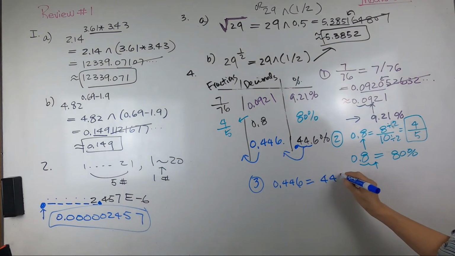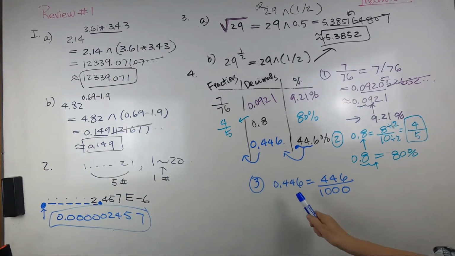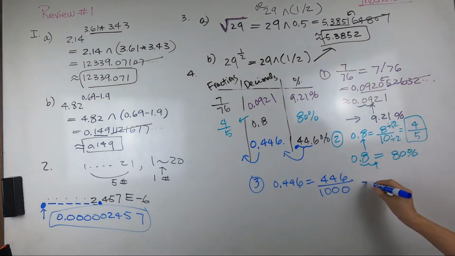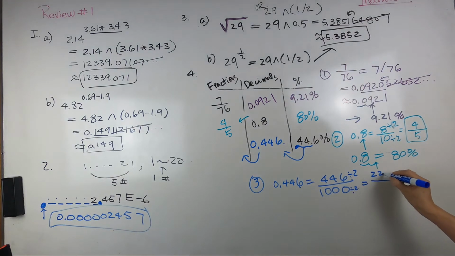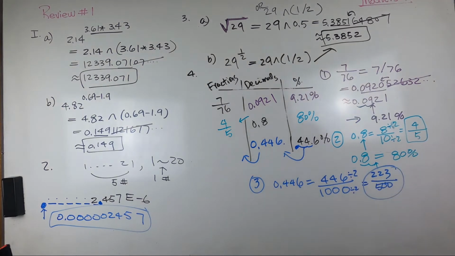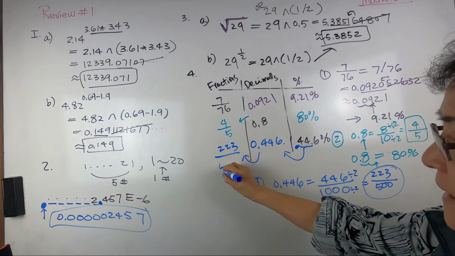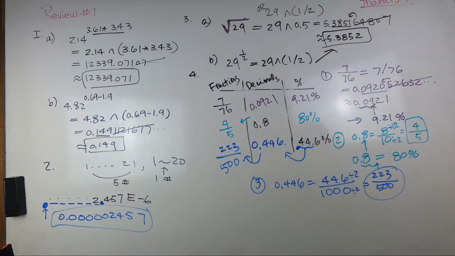So 446 is in the thousandths. So with 3 places, you put the 1000 there. Then the answer needs to be simplified. So divided by 2, that would be 223 over 500. You cannot simplify anymore. So that would be your answer for that. Right? Are we good?